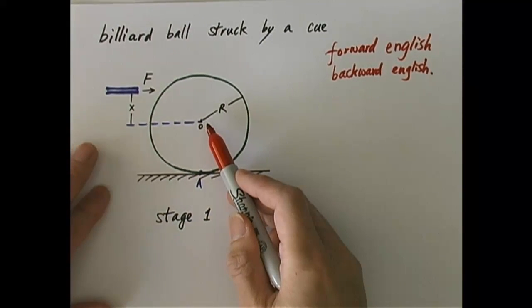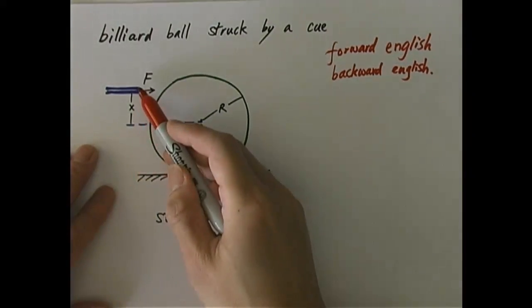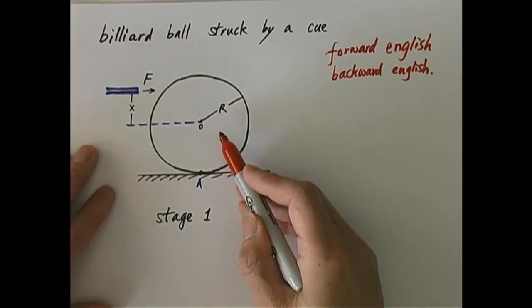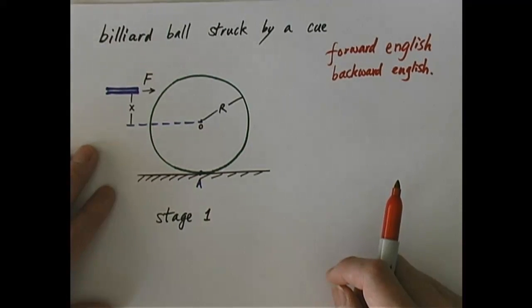The ball hardly moves right after the collision, because the collision is very brief. The ball will acquire a linear momentum and an angular momentum, of course, due to the impulse delivered by this force. But it's a very brief moment. Let us investigate what happens as a result of this very brief impact.